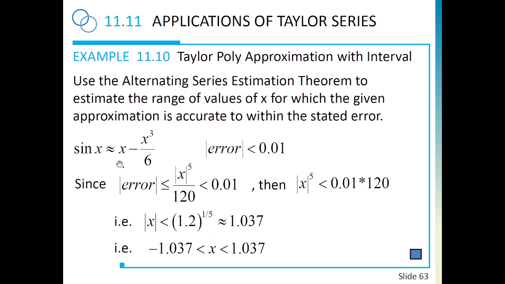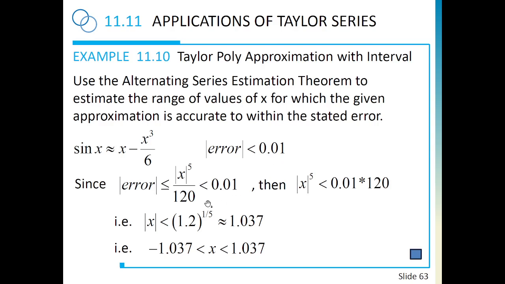That's normal because the next term in the Taylor series for sine would be plus x to the power 5 divided by 5 factorial, and we are using the alternating series estimate because the Maclaurin series for sine is alternating, and we need our error to be smaller than 0.01.